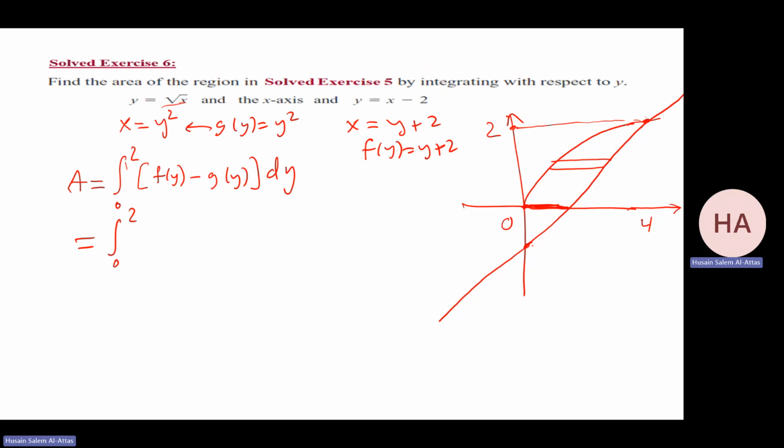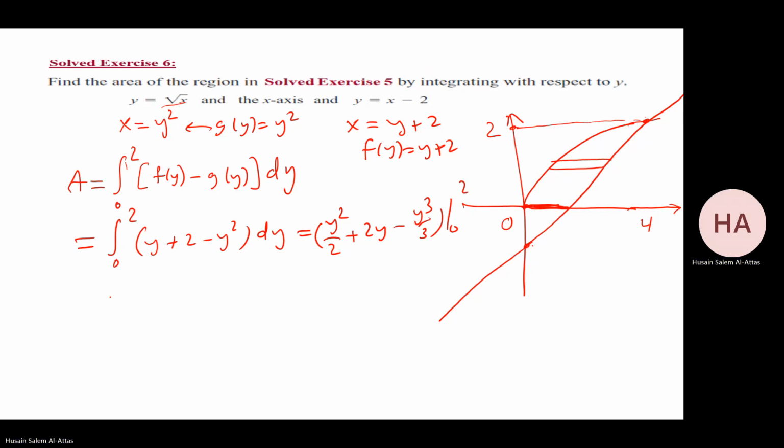F of y will be what? Y plus 2 minus y squared, dy. Now it's a matter of calculation. Y squared over 2 plus 2y minus y cubed over 3, from 0 to 2.